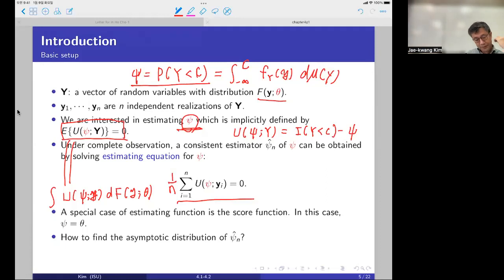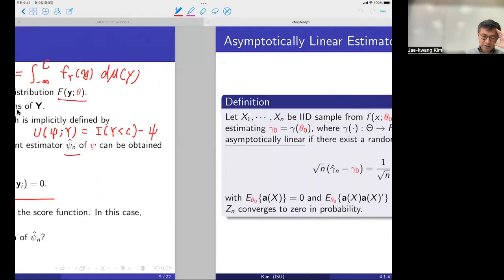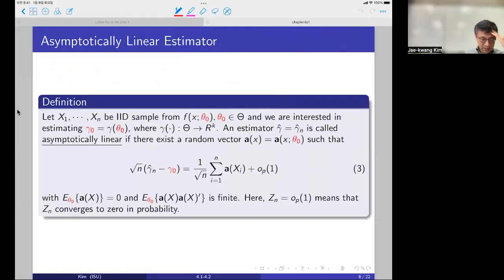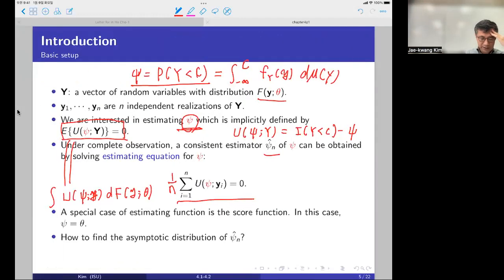And now, what is the asymptotic distribution of psi, the solution? The solution to this equation, which we call the estimating equation, will be written as psi hat n.